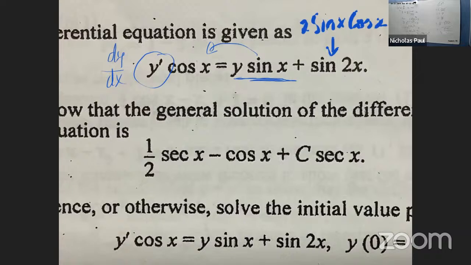What's the integral of tan? Ln sec x or minus ln cos x. They probably use that one, right? Minus ln cos x.